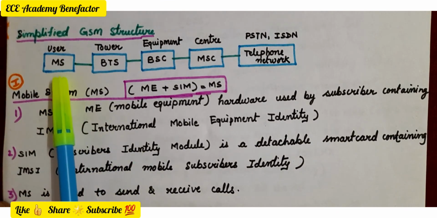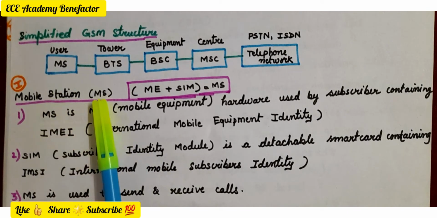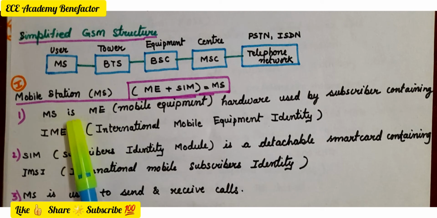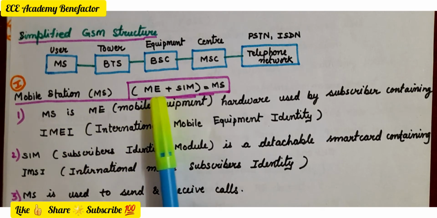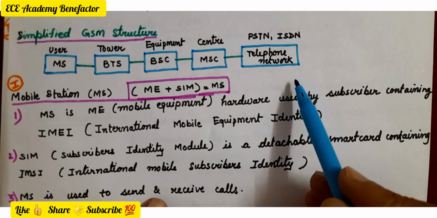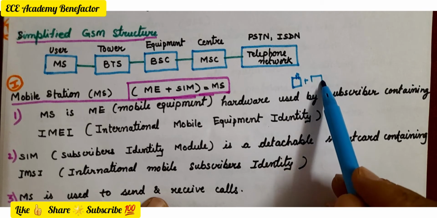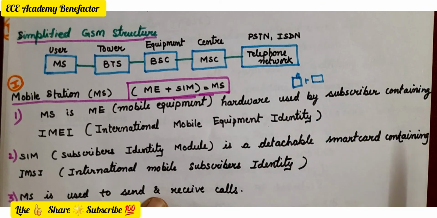Mobile station. What is mobile station? Mobile station is mobile equipment plus SIM card. That is, we have a mobile phone, an equipment, and inside it we insert a SIM card.